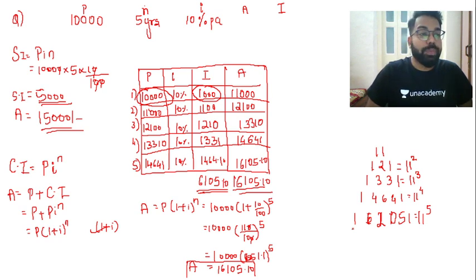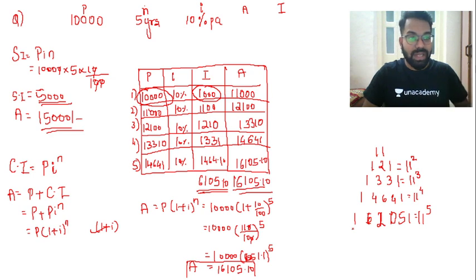I hope the basic concept of compounding is clear for everyone. If you have any kind of questions, please ask me in the comment section. I can read your comments live over here, so you can ask me whatever questions you need to ask me.